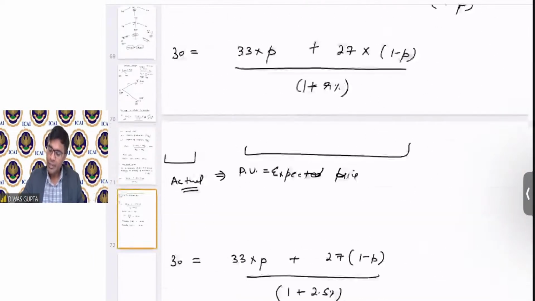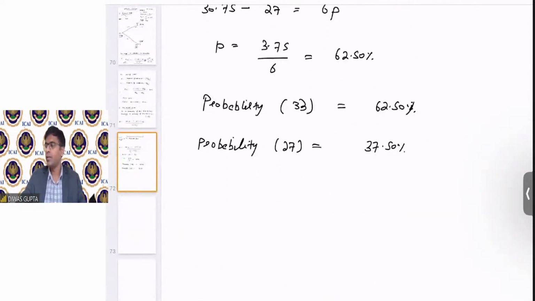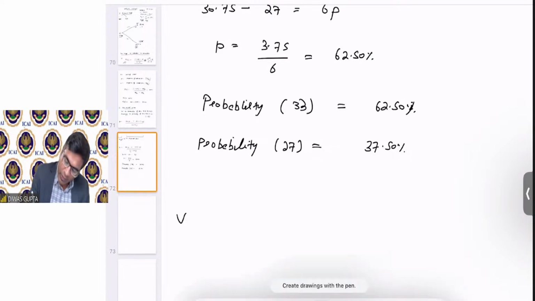Now, students, if you really see what is the value of an option, till now we have studied how to calculate the probabilities, how to calculate the higher price, lower price. Now coming to the real value of the option.